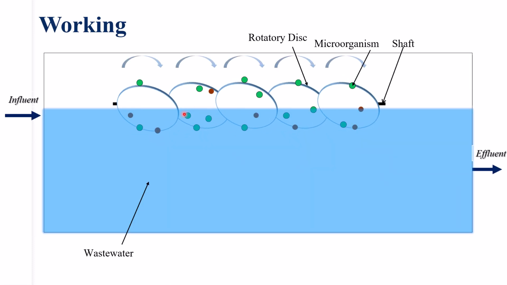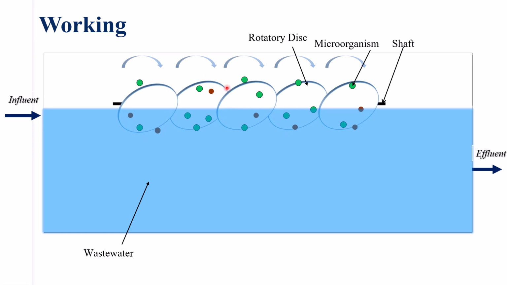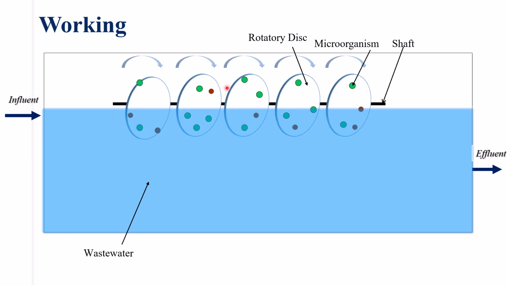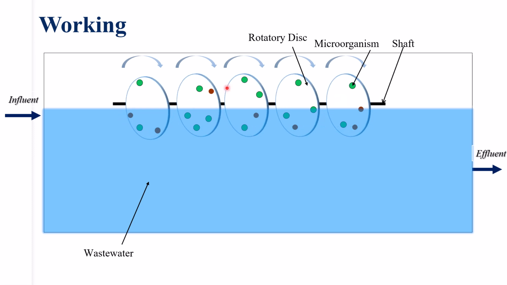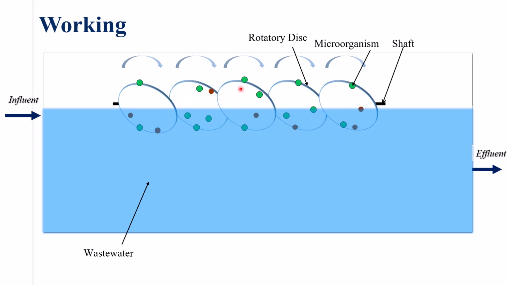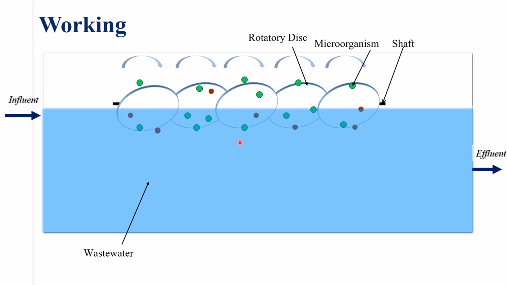And we should know that the RBC unit is more reliable than the other fixed film processes, because the RBC unit ensures higher contact time due to rotation, which allows up to 8 to 10 times higher level of treatment than the trickling filter.